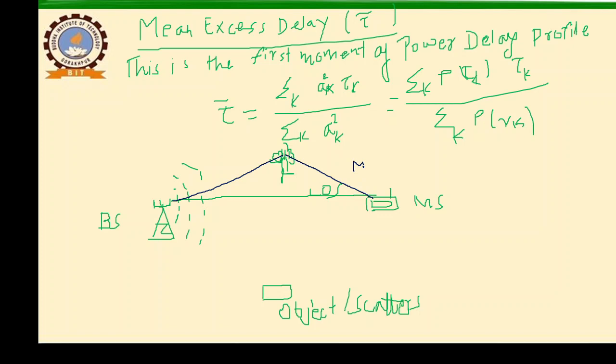So we can write here, multipath 1, and when it strikes human-made buildings, it is scattered at the sharp edge and reaches your destination.